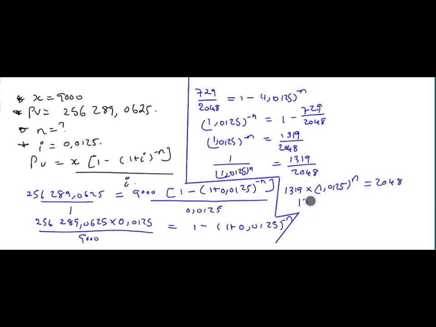Divide both sides by 1319 to see what you get. That's going to be 1.0125 power n. You could leave that as it is, I guess, and just use logs to get your answer. So that's going to be 2048 over 1319.